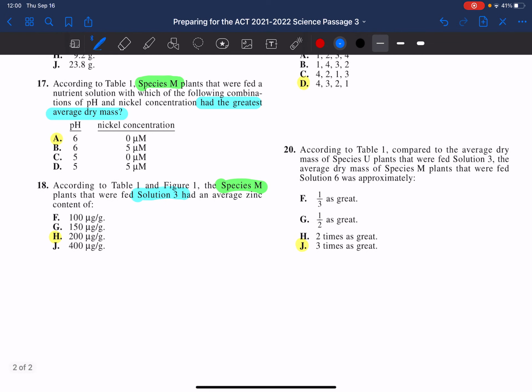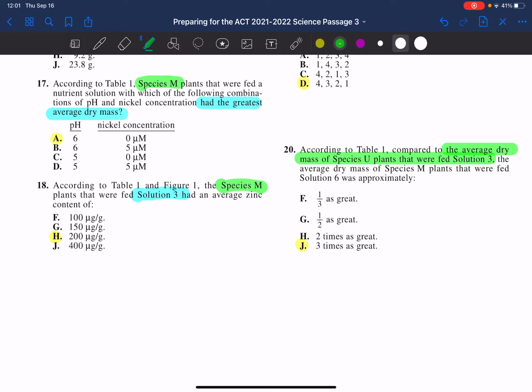Number 20. According to Table 1, compared to the average dry mass of species U plants that were fed solution 3, the average dry mass of species M plants that were fed solution 6 was approximately, okay, quite a lot here. So the average dry mass of species U plants that were fed solution 3.